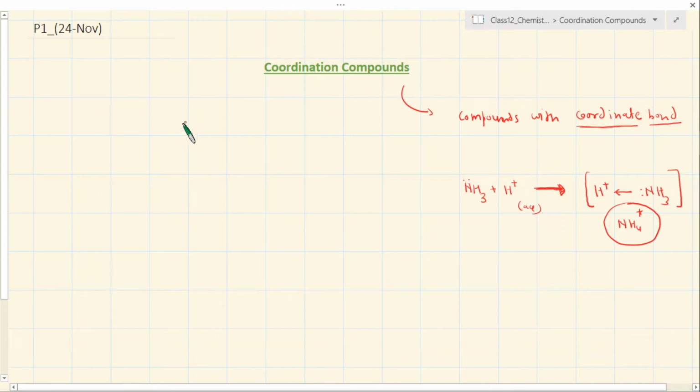Just to give you a few examples, if you have already seen them somewhere, compounds like K4[Fe(CN)6], [Co(NH3)6]Cl3, or a compound like nickel carbonyl.